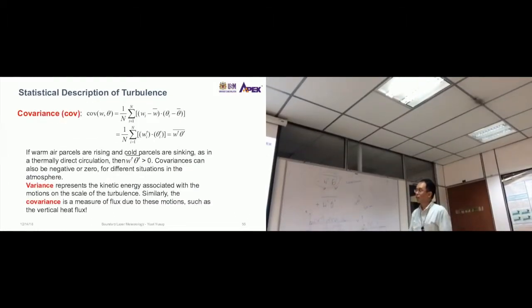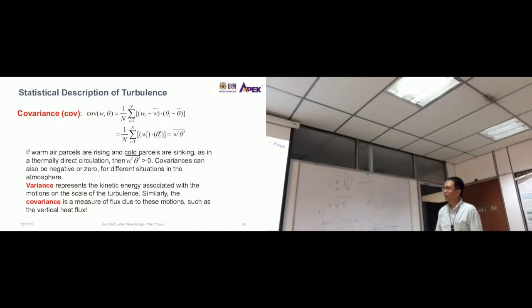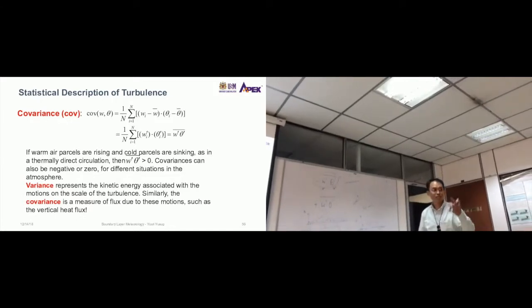So if warm air parcels are rising and cold parcels are sinking, as in a thermally direct circulation, then w prime theta prime is more than 0. Covariances can also be negative or 0, depending on the direction, for different situations in the atmosphere. Now, variance represents kinetic energy associated with motions on the scale of turbulence.